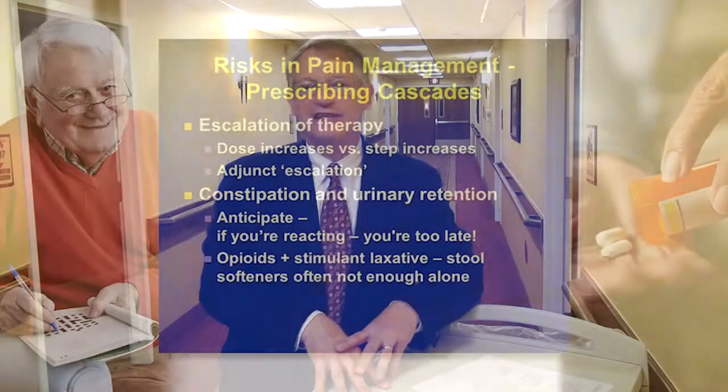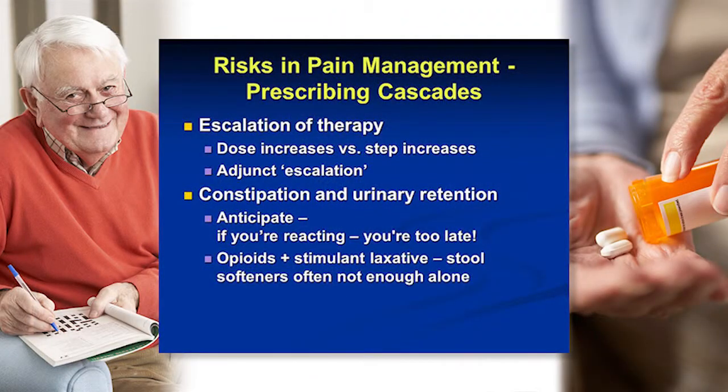One of the things we should recognize as we're implementing our team approach and this composite therapy for individuals with pain is the escalation of therapy, or the prescribing cascades that sometimes go along with the simple addition of one opioid or other pain medication. Sometimes these cascades may be the escalation of dosing that's necessary, as we start with an agent generally used for mild pain and then work our way up the scale to the medications that are used for severe pain.